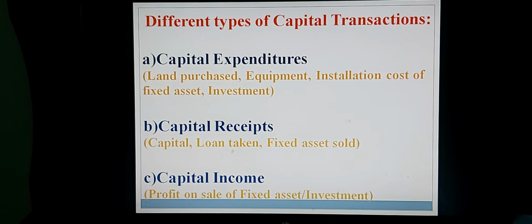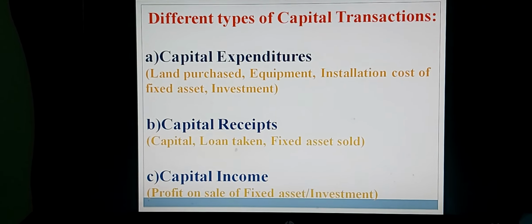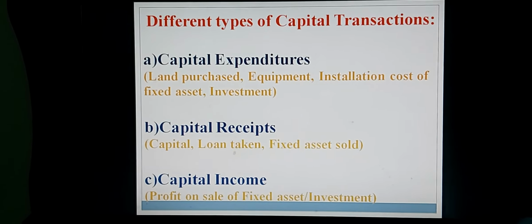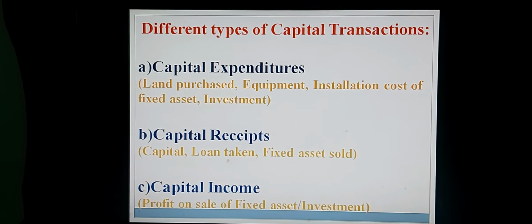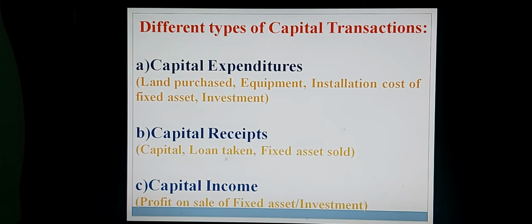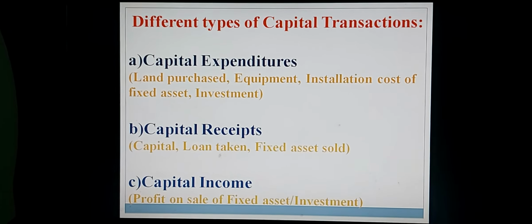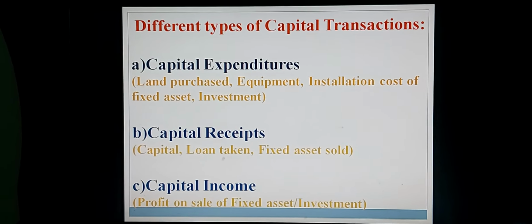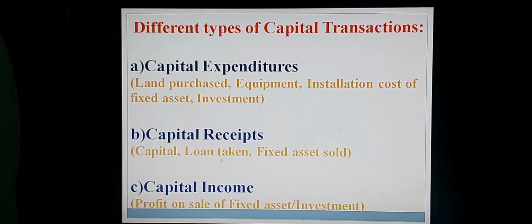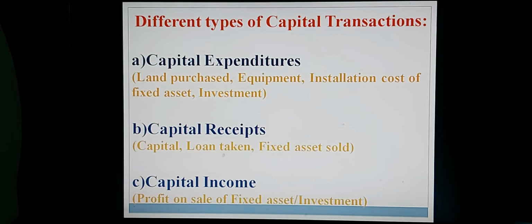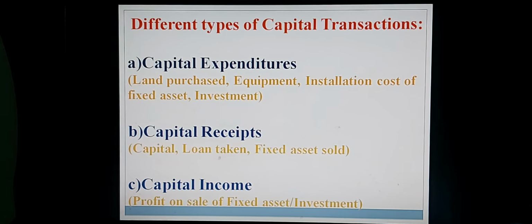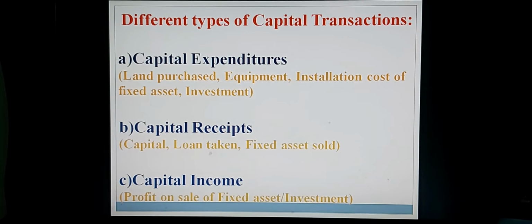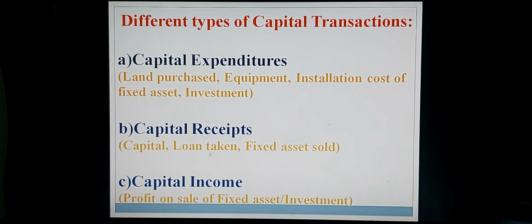Now we can go to the second one, capital receipt. The receipts which are irregular, the amount of which is bigger and the benefit of which is more than a year, are known as capital receipt. In business, capital, loan taken from bank or other institution, and selling a fixed asset are examples of capital receipt.